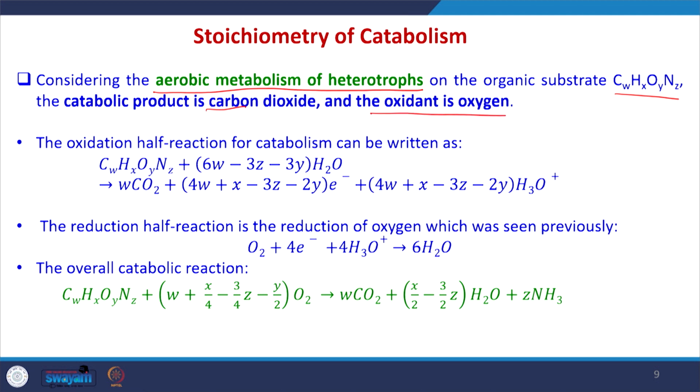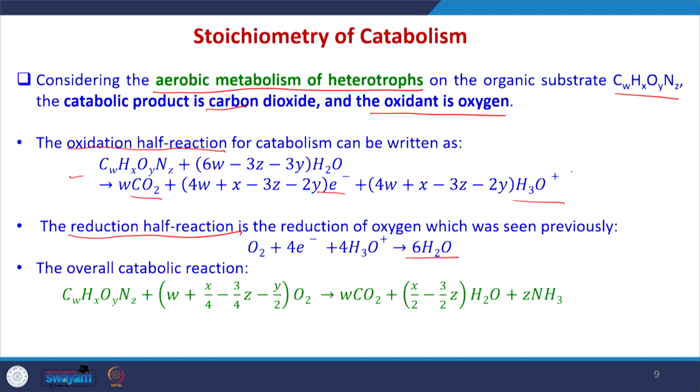So, for simple aerobic condition we have oxygen which acts as an oxidant, and this oxidant works on the organic substrate to produce CO2, electrons and H2O during the oxidation half reaction, and during the reduction half reaction the oxygen which was seen previously is utilized to produce water.